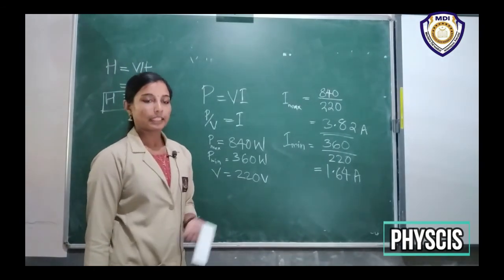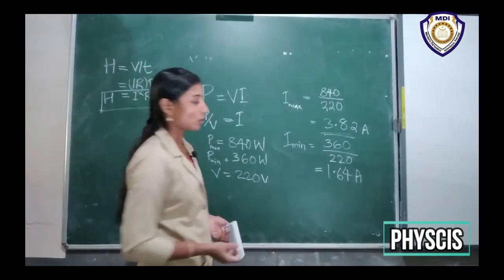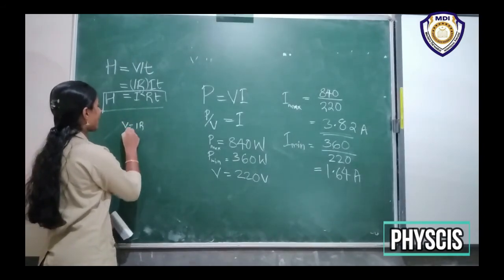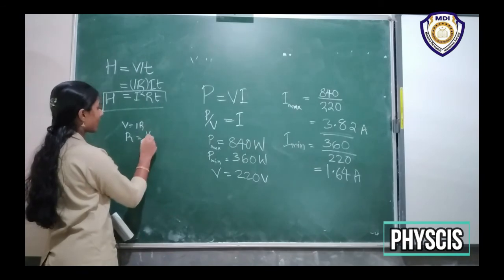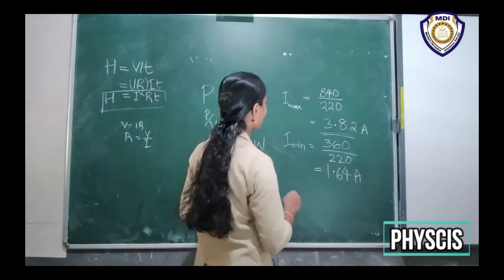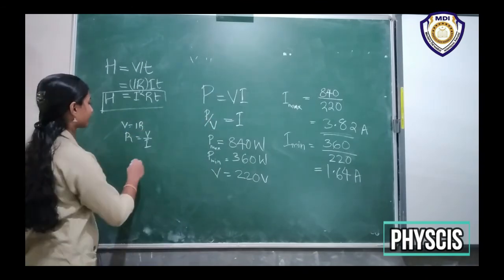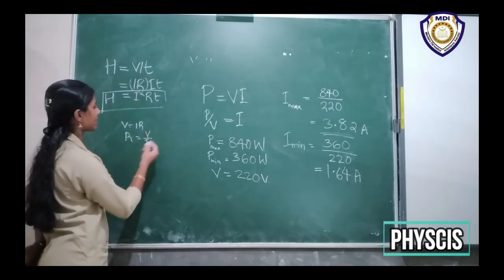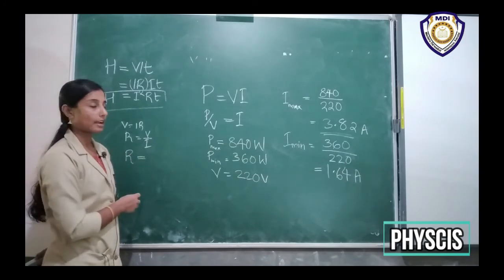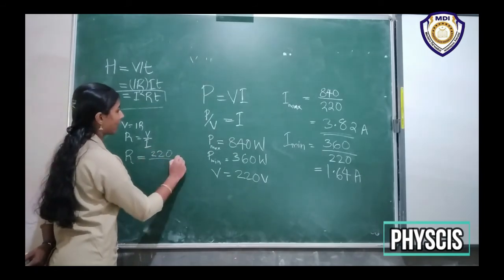Now we know V and I. And from Ohm's law, V is equal to IR and R is equal to V by I. So in each case, here we can get R. In the first case, that is the electric iron at maximum heating, with I max 3.82 and V equal to 220, we get R is equal to 220 divided by 3.82.